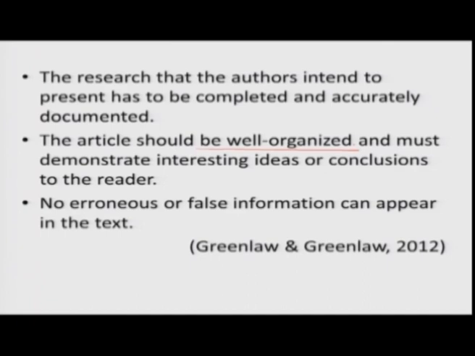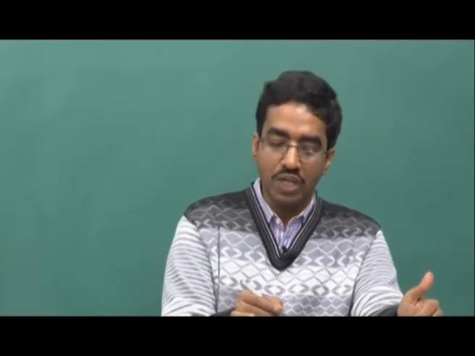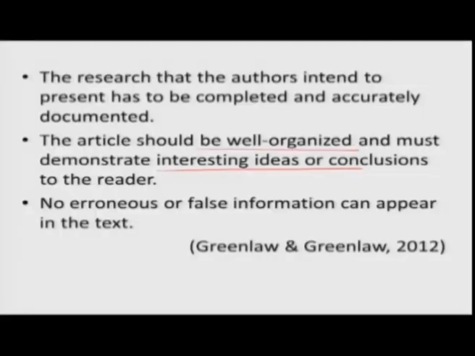So, the first part is organization. Most journals specify how a paper needs to be structured, including formatting guidelines, so you need to strictly adhere to them. And then another important thing is interesting ideas or conclusions.